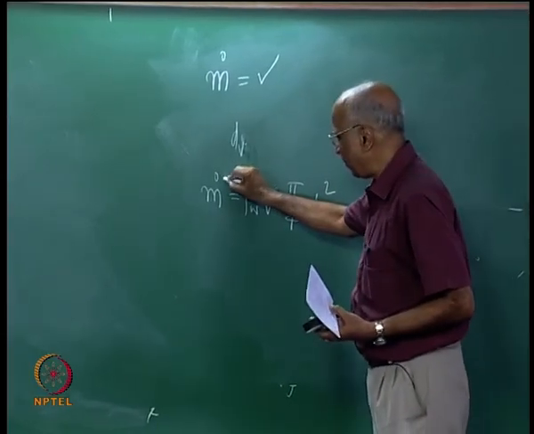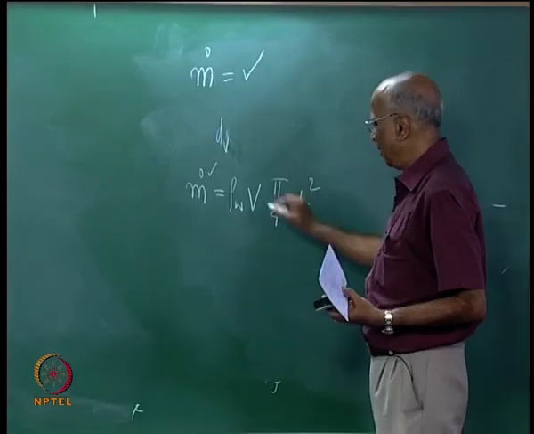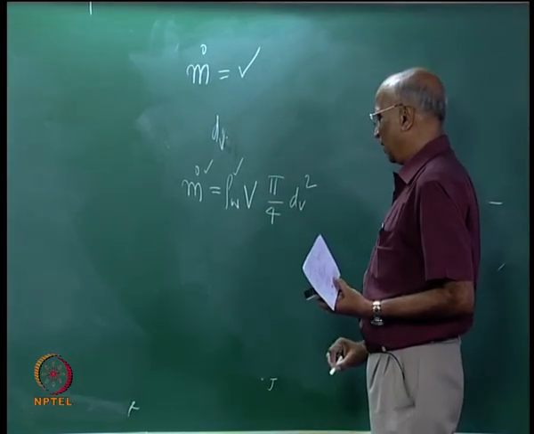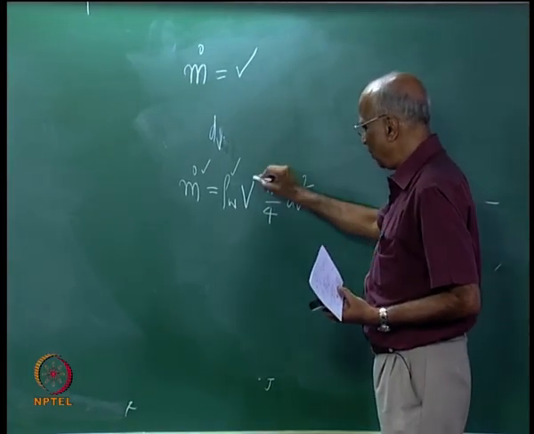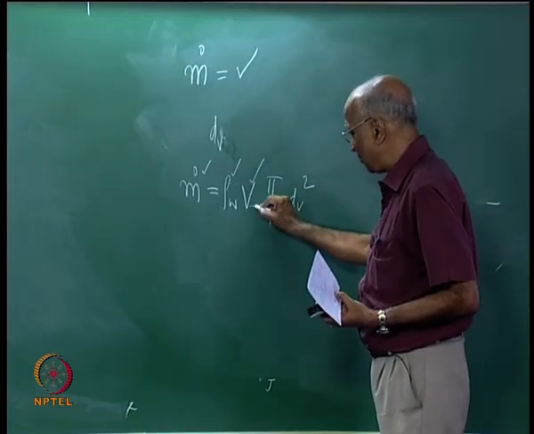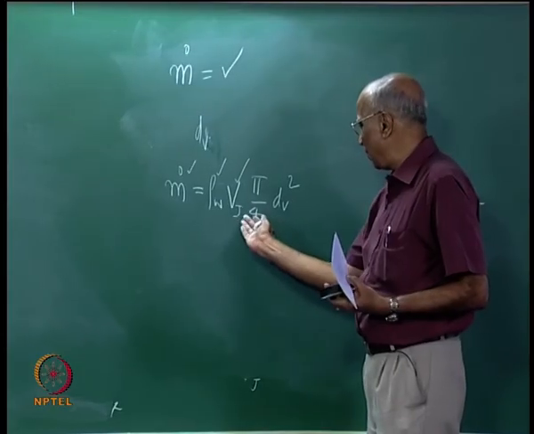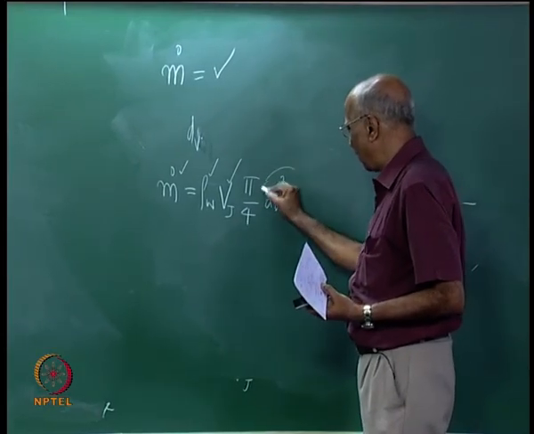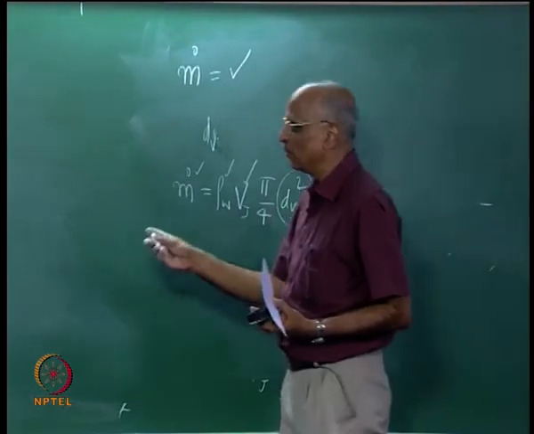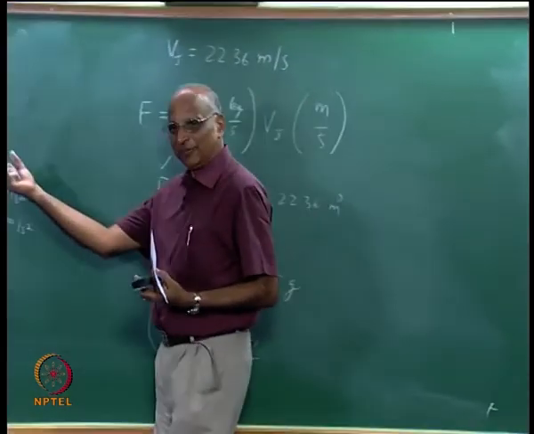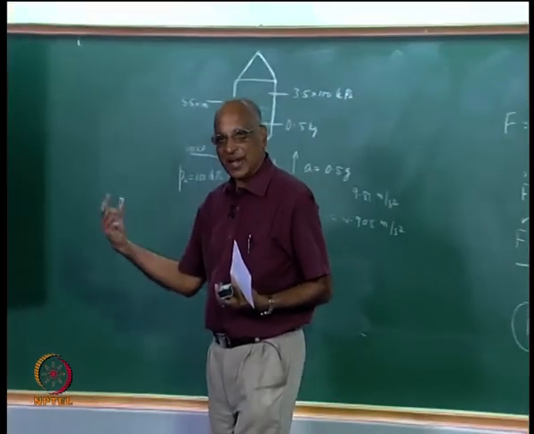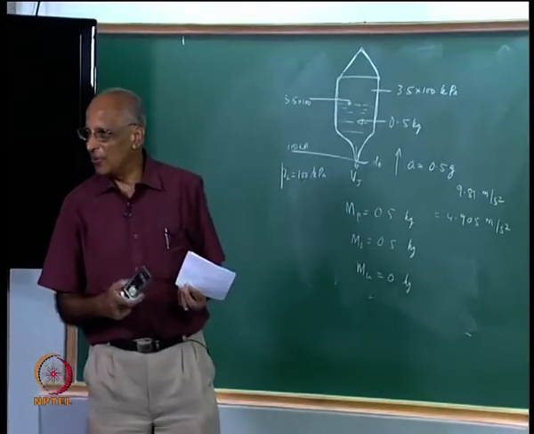You have already calculated the mass flow rate, density of water is 1000 kg per meter cube. You have calculated the Vj, this is the velocity with which the liquid is leaving, Vj square, pi by 4, therefore the only unknown is d, and this is how you design the vent diameter. I think I will leave it as a carry over homework for you all.